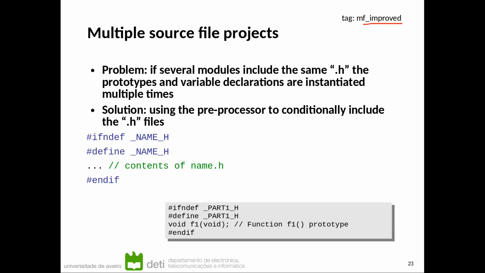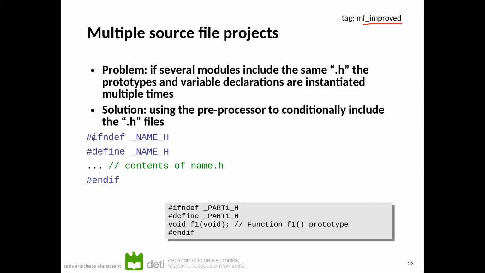So what we do usually is to have a structure like this. This is a preprocessor command, and it means that if this tag called NAME_H, in this case, NAME would be the name of the file, is not defined, then execute this. Define, I write all the contents of the file here, and then I terminate with endif.